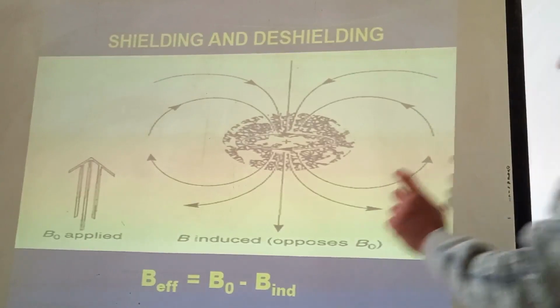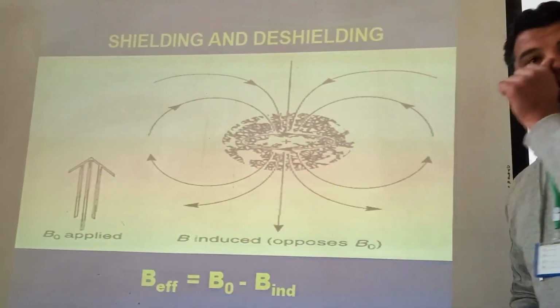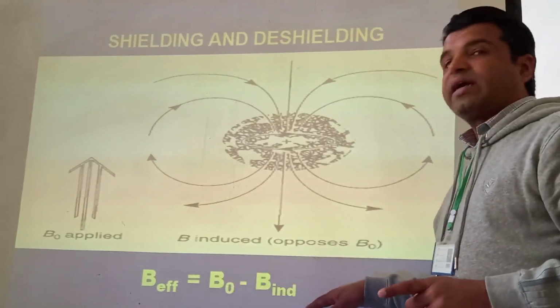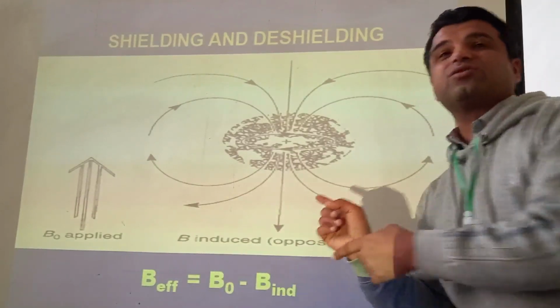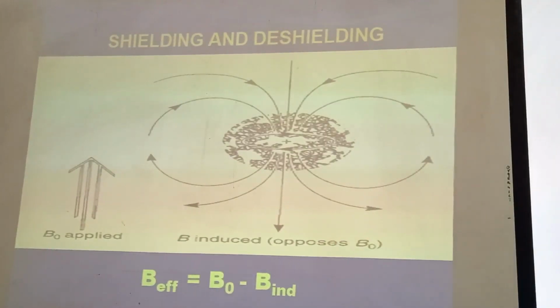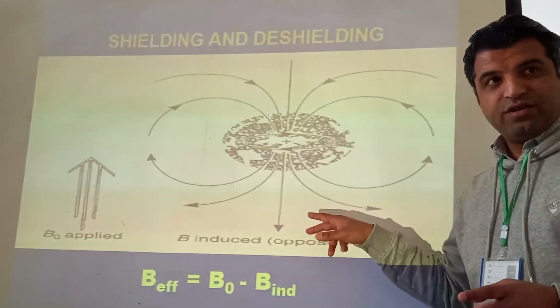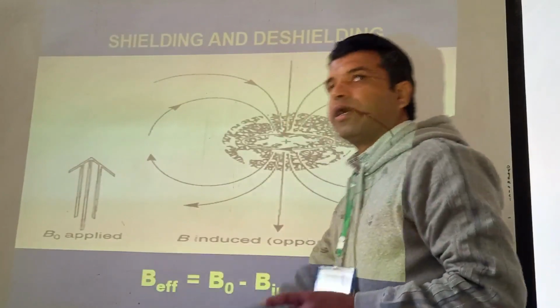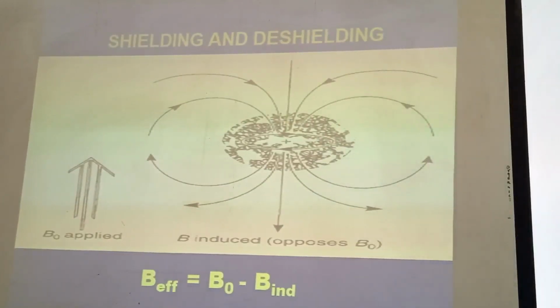B effective is that effective magnetic field which actually imparts a certain amount of Larmor frequency to this nucleus. So B effective is equal to B0 minus B induced. This B induced is a very weak magnetic field, but it is enough to reduce the effect of B0 to a certain amount, and then the magnetic field that each of these protons experiences is different from the other.